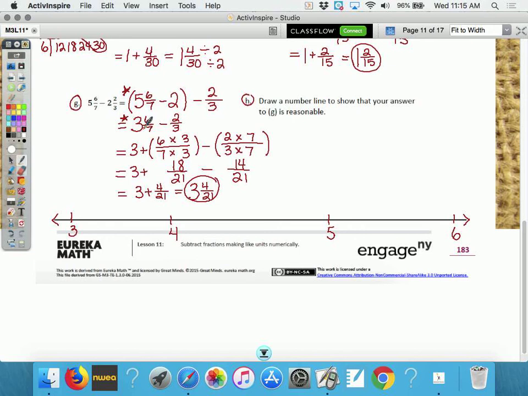So that's why I know that it's going to be between 3 and 4. All right, so here's the first step. Find 5 and 6/7. Well, 6/7 is almost 7/7, right? So maybe about right here. Don't write anything above or below it. Just put your tick mark on there. And we're subtracting 2, so we'll end up at 3 and 6/7.